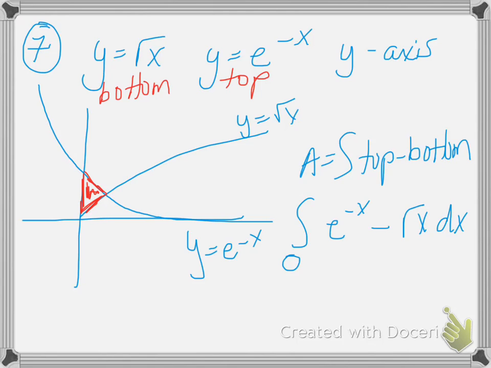Then you have to figure out where these things are intersecting, and that would be right here at that yellow point. So you're going to use your calculator for that. You're going to put the 2 functions in.